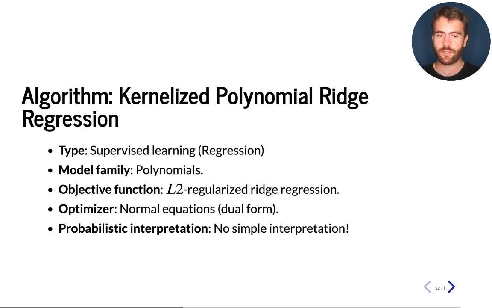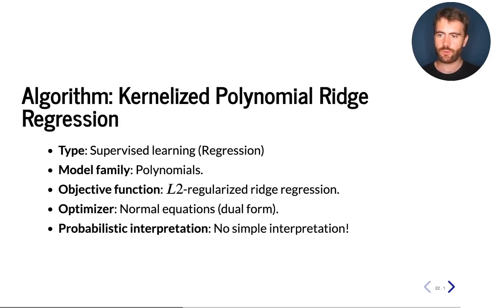So it is really important, and in fact, we can give a name to the algorithm that I defined earlier, and we can call it kernelized ridge regression, or kernelized polynomial ridge regression, and I'm going to explain to you shortly why I'm using the word kernelized. But effectively this algorithm is sufficiently important to have its own name.